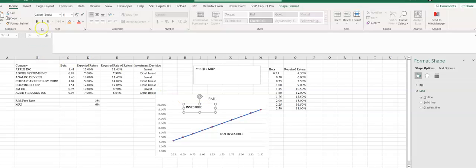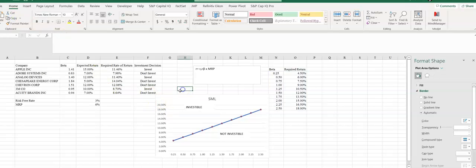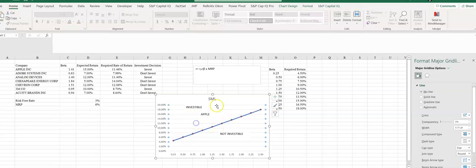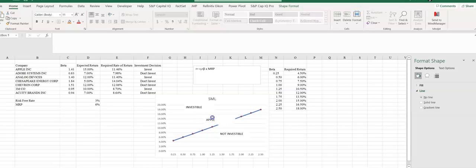So we could just copy and paste this thing. And we can see maybe Apple stock is somewhere around here. Let's make this smaller.